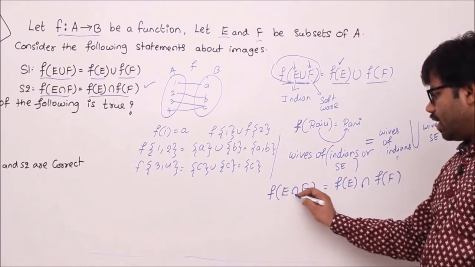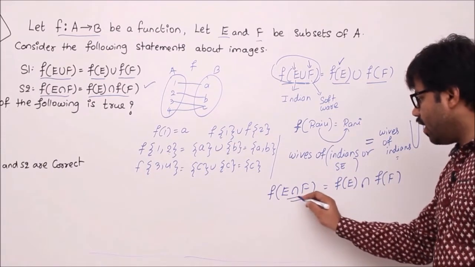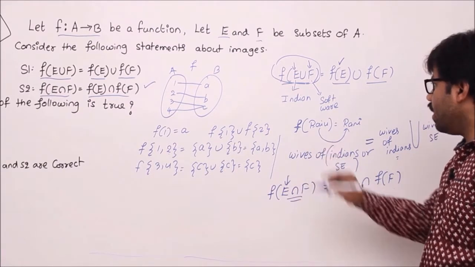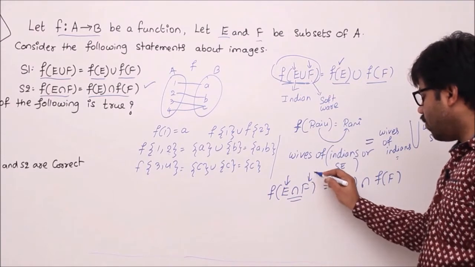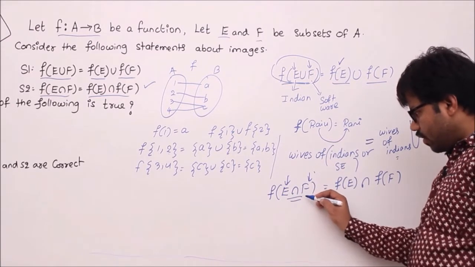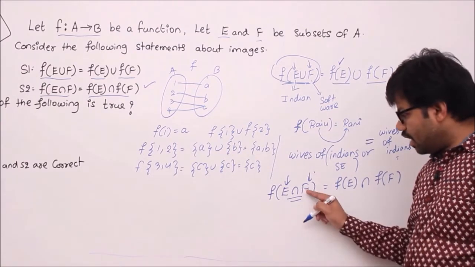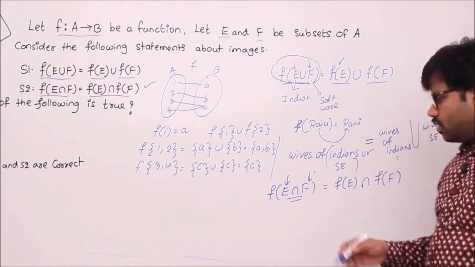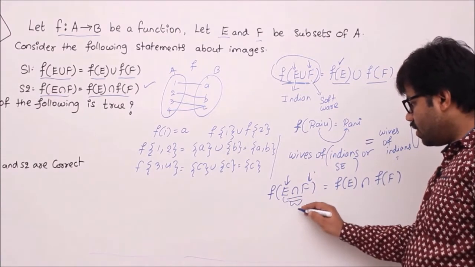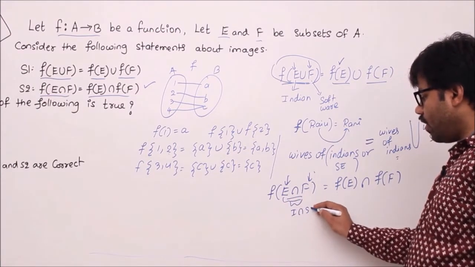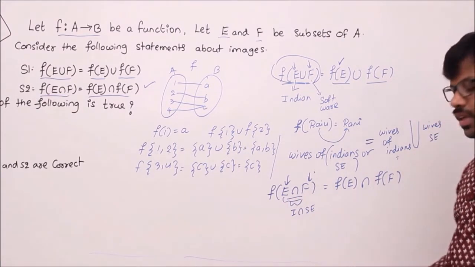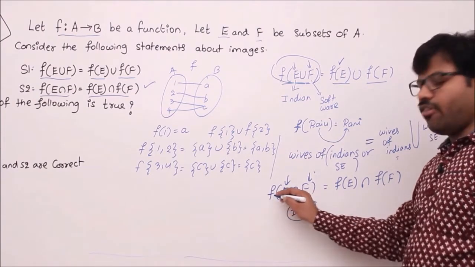f of E intersection F. E intersection F is nothing but, where E is Indians and F is software engineers, the common people. Who are common? Who are Indians and software engineers, isn't it? So I can say that E intersection F is Indian software engineers. For such people, f means wives.